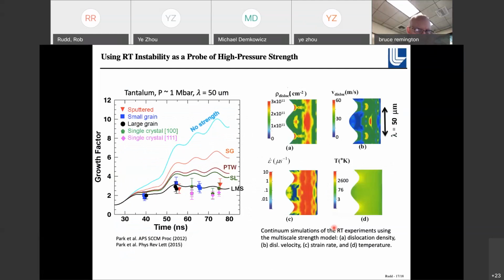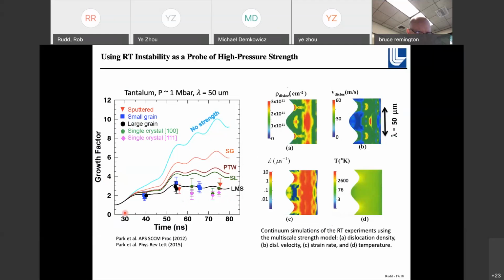Here are shown some results from a tantalum Rayleigh-Taylor experiment, again done on the Omega laser. It's a laser-driven ramp loading. Data were acquired at various times. The radiograph was taken in flight, as the material was deforming and the ripples were growing.